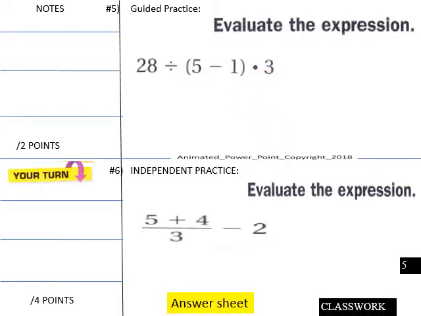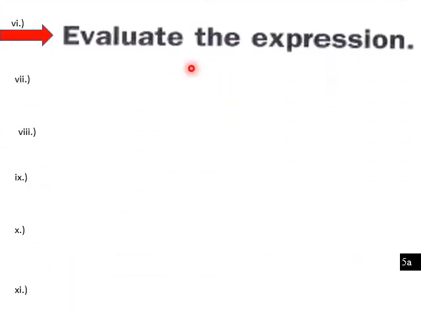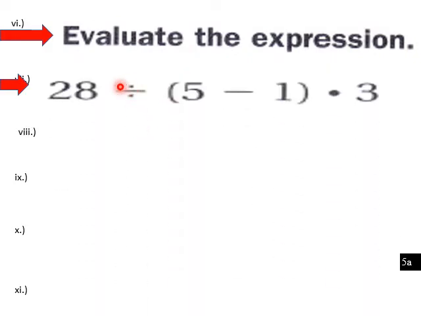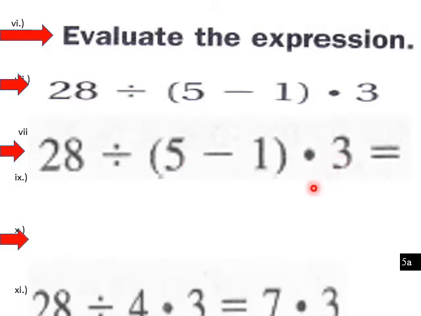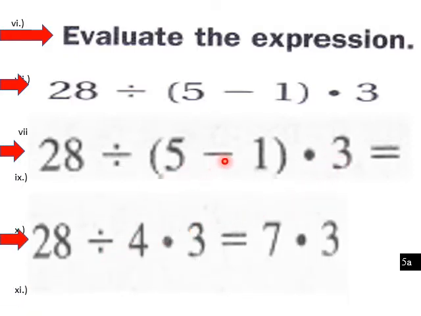To do this, you have to remember to use PEMDAS. So evaluate this expression: 28 divided by quantity, 5 minus 1 times 3. First of all, 5 minus 1 will equal what? Here we have 4. So 28 divided by 4 times 3. We're going to do inside parentheses first. PEMDAS, P is for parentheses.